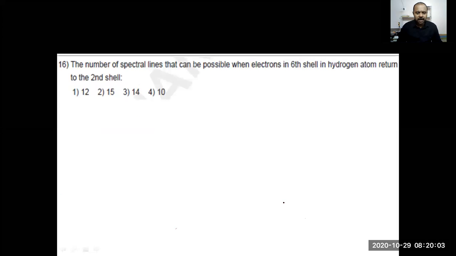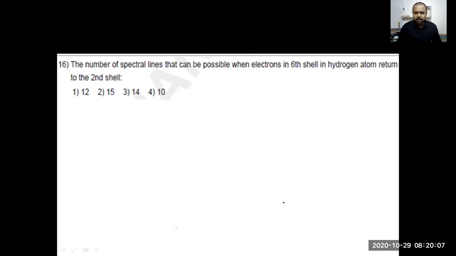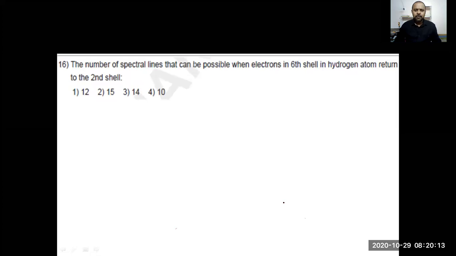The number of spectral lines that can be possible when electrons in the sixth shell in a hydrogen atom return to the second shell. Here they are asking, when an electron transits between any two energy levels, how many spectral lines are probable? There is a formula. Let us discuss this question a little more. Just know about this concept.